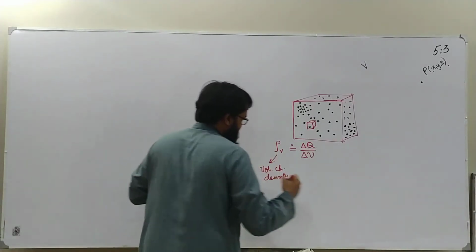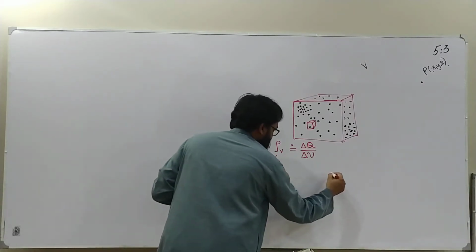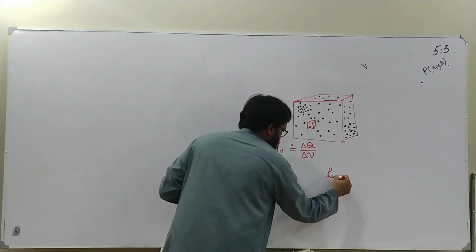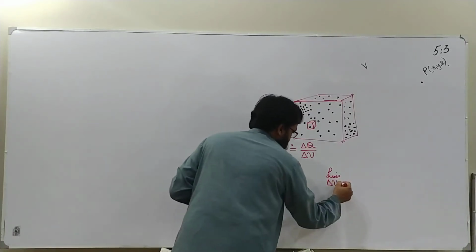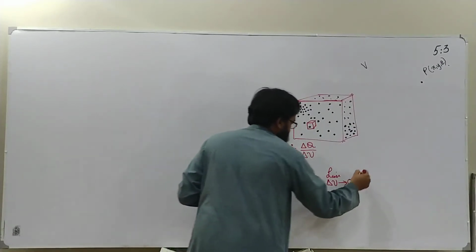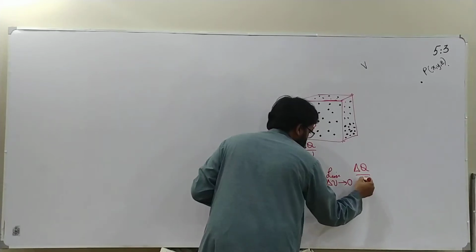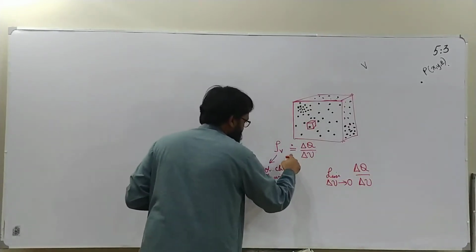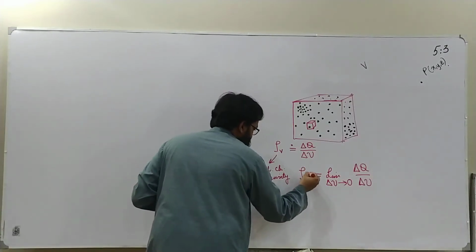It is only possible if we apply a limit in this expression, such that the size of this volume, this box, is so small that it is tending to 0. In that case this ratio, which was previously almost equal, will become exactly equal to the charge density.